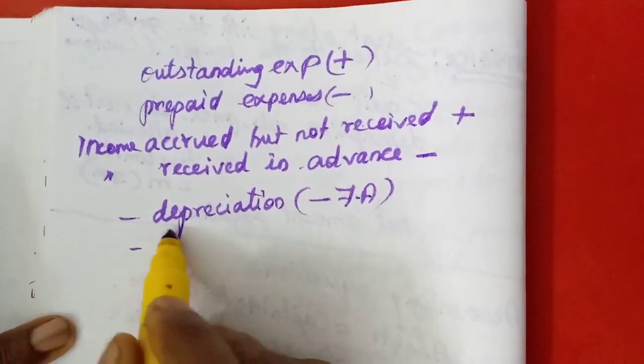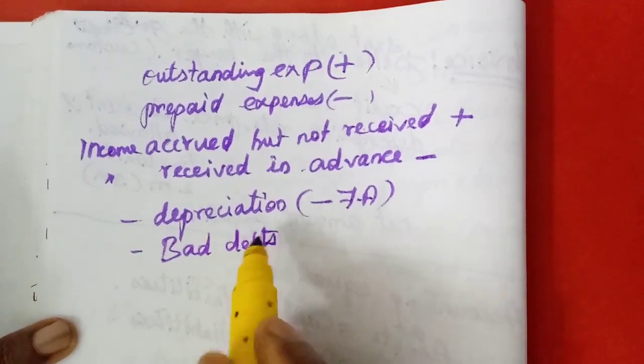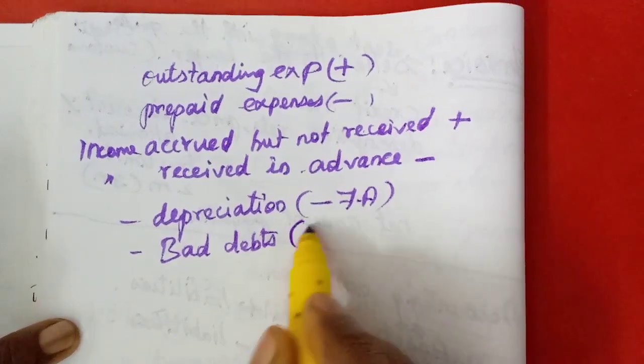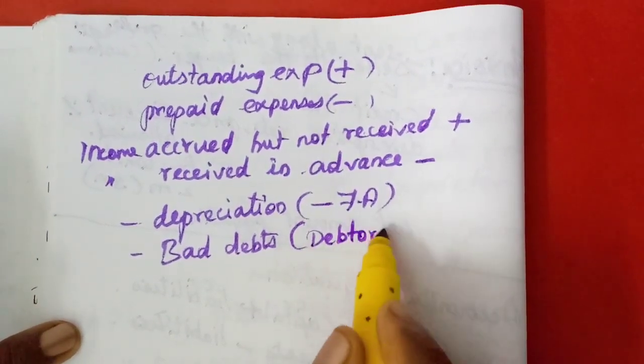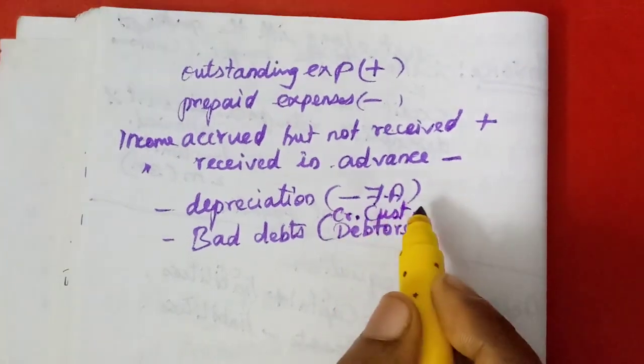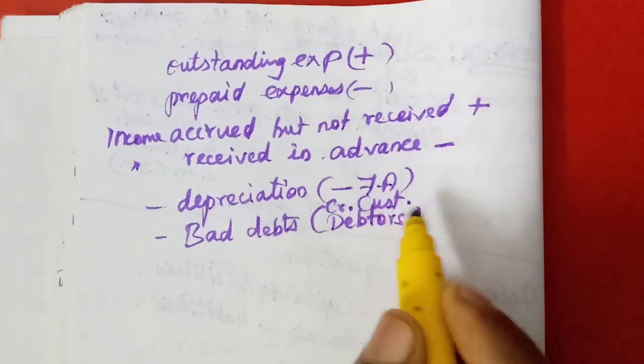Then any bad debts. Bad debt is the irrecoverable debt from the debtors. Debtors means who? They are the credit customers. All of a sudden one of the credit customers may expire.